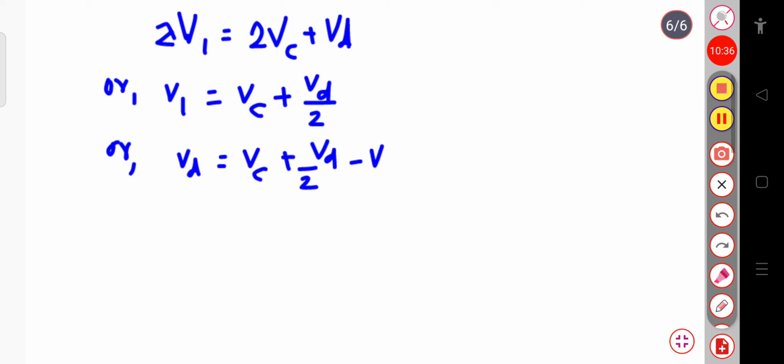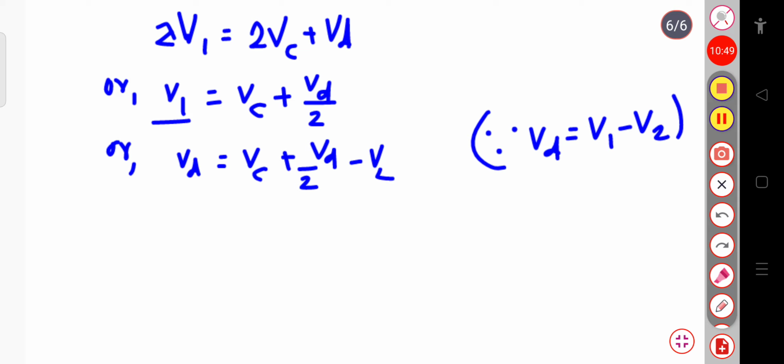Since Vd equal to V1 minus V2, V1 will be equal to Vd plus V2.